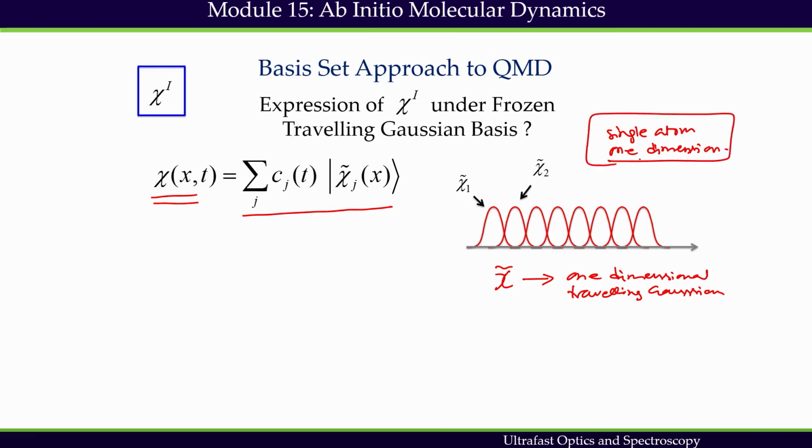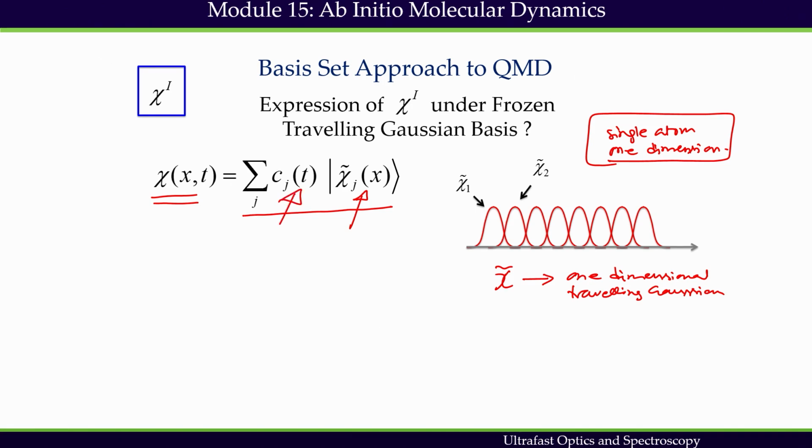Under this approximation, one can express the total nuclear wave function in the basis of traveling Gaussians, and one can say that this individual traveling Gaussian is not time dependent, but its expansion coefficient is time dependent.